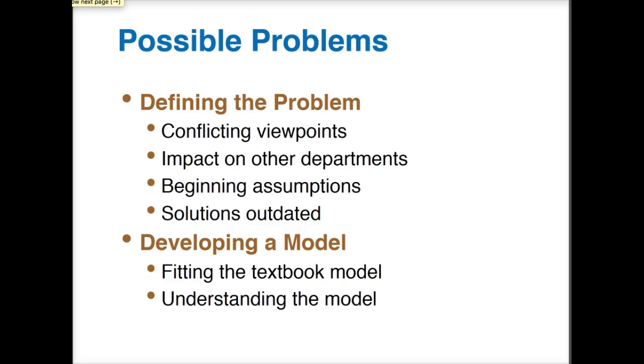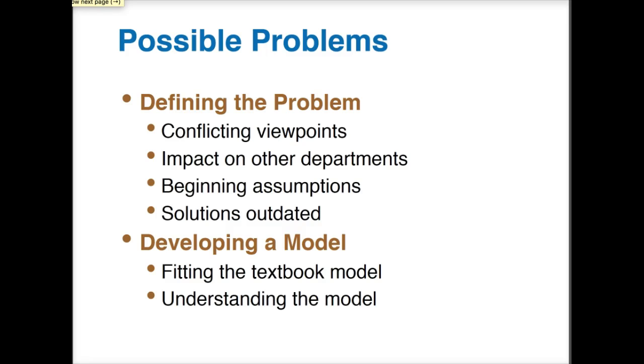Okay. So possible problems. There may be an issue with actually defining what it is that you want to do. It may be so complex that you may think of some things, but you may not think of everything. So that's why a lot of times people will get into teams to brainstorm to come up with whatever these situations are so you can model them properly.